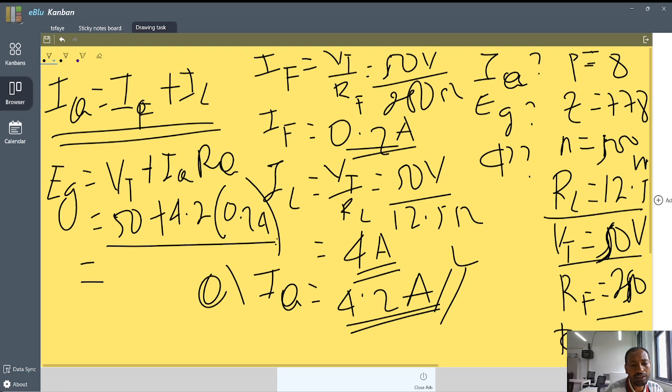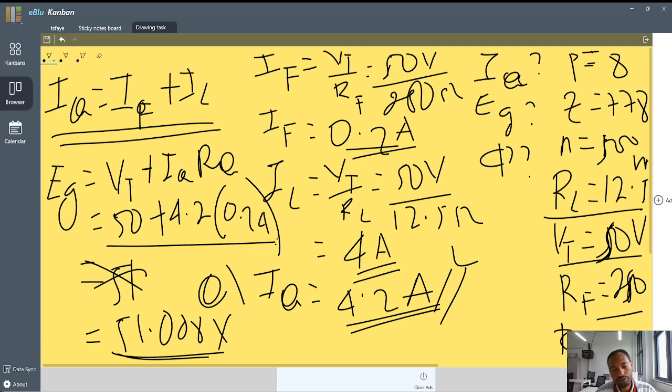Therefore, this gives you 51.008 volt, almost 51 volts is generated inside the machine. So approximately 51 volts is generated inside the machine. This is the second requested point.